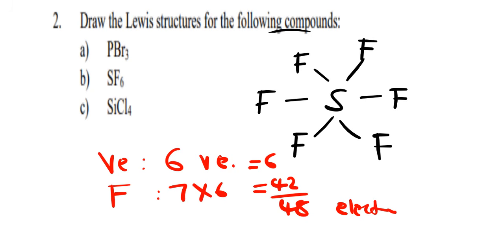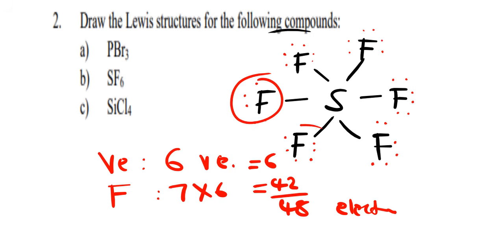So let's count if we're going to have 48. So we put our electrons. These are 5, these are 6. I also put 6. Okay, so this is 8. This is 8. This is 8.